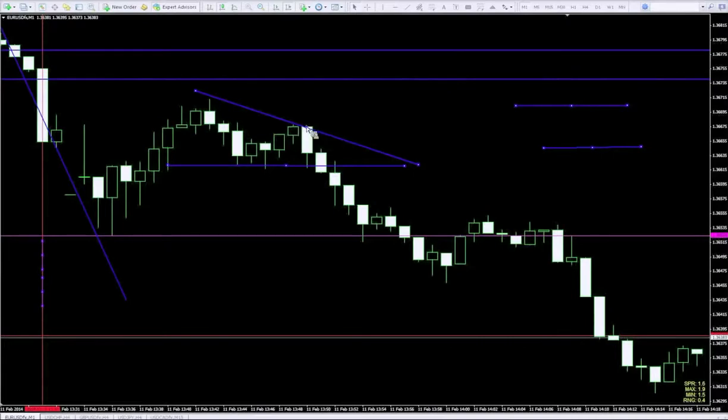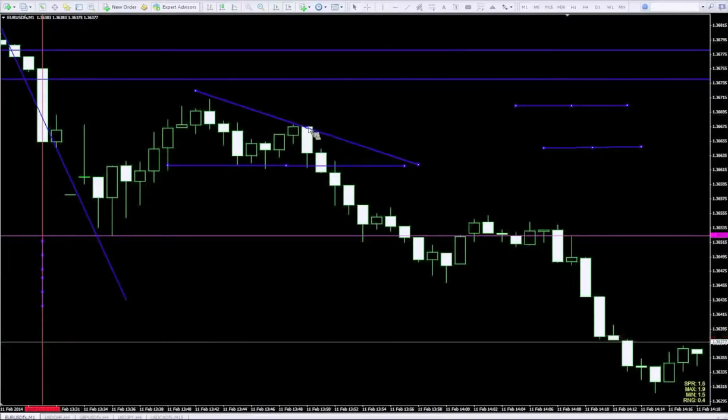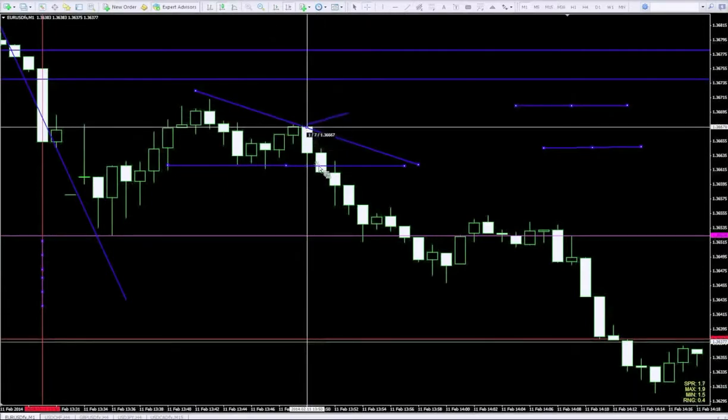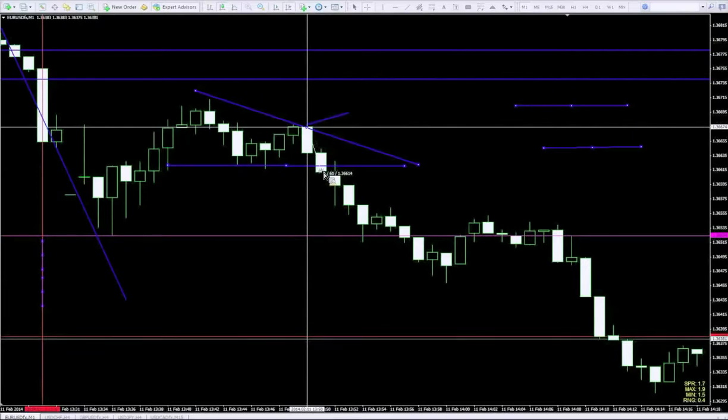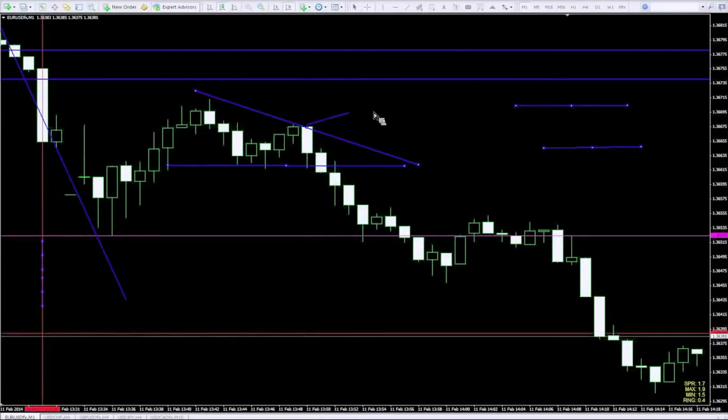So this was the last candle. These two are the last ones to touch the wedge on the top. So we want to put our stop right there. And our risk on this trade would be the distance from our trade entry. And in this case, it's 6 pips.